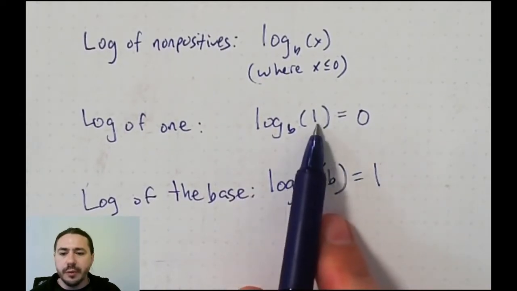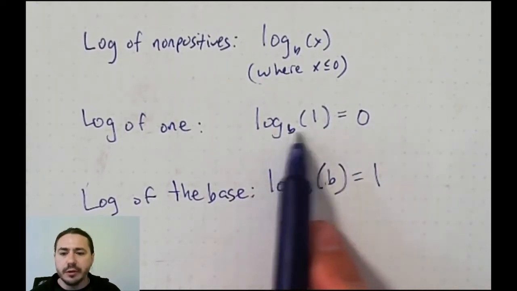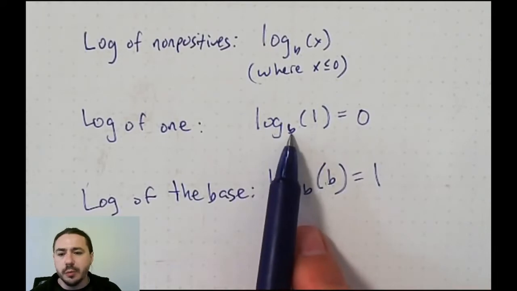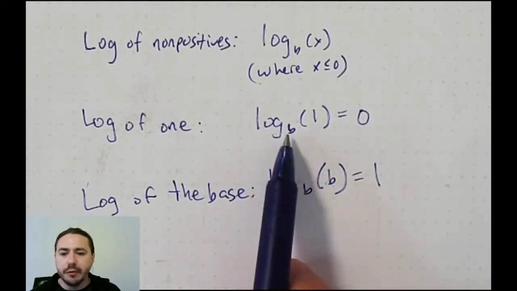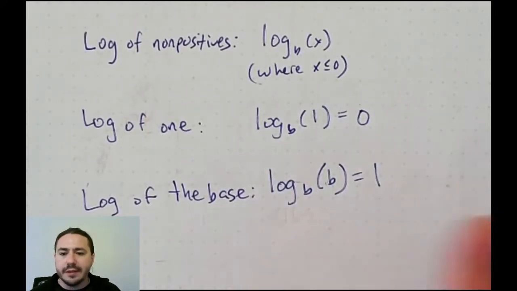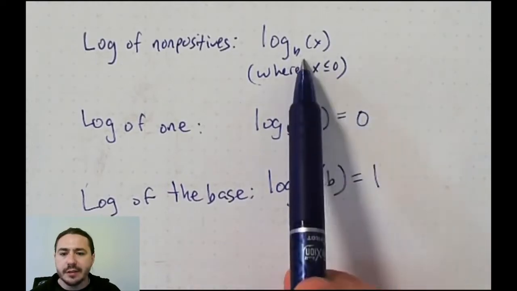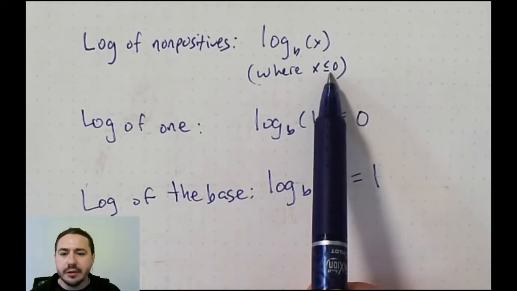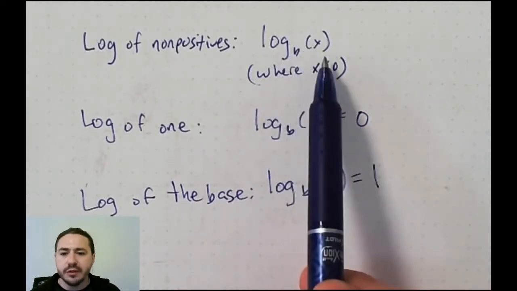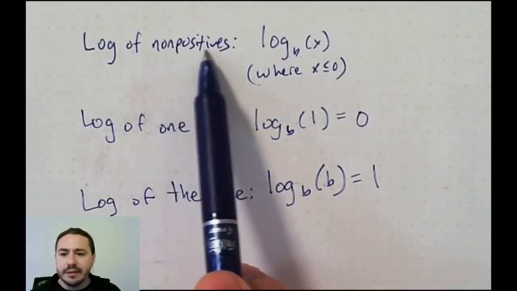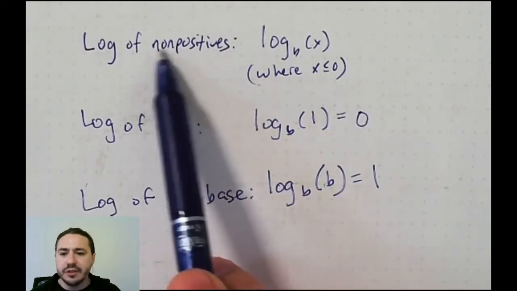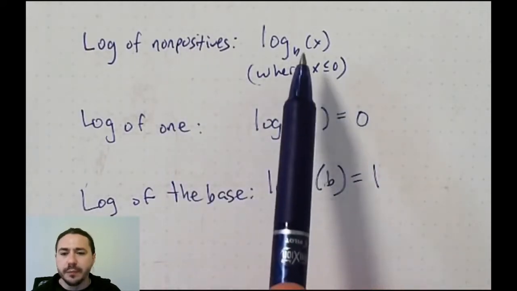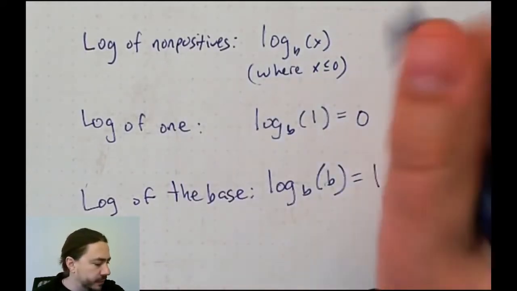If the argument here is 1, the logarithm, regardless of the base, will equal 0, assuming the base is a valid number for logarithms. But let's say that number inside there is a negative number or 0. If that number in there is less than or equal to 0, meaning it's negative or 0, non-positive, kind of a weird way to put that, but I don't want to just say negatives because I want to include 0 as well, that's going to be undefined.